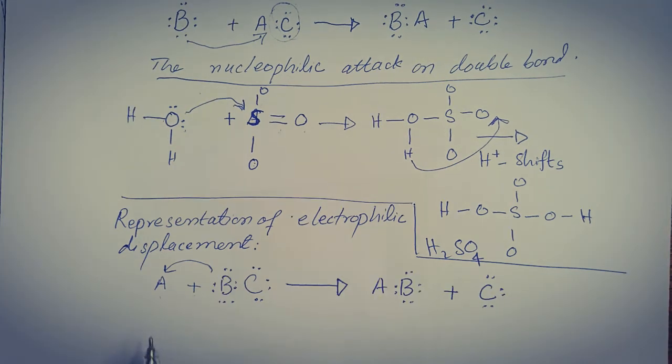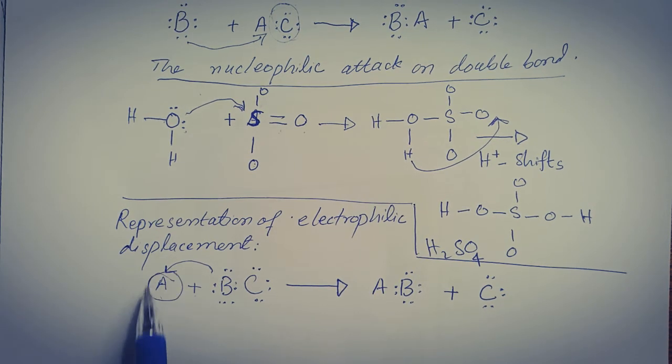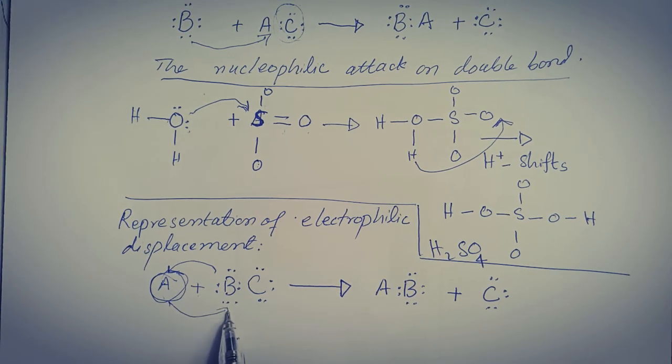Conversely, if we discuss according to the species A, that is a reactant which is electron deficient, here it is acting as an electrophile to attack on the electron rich species B.